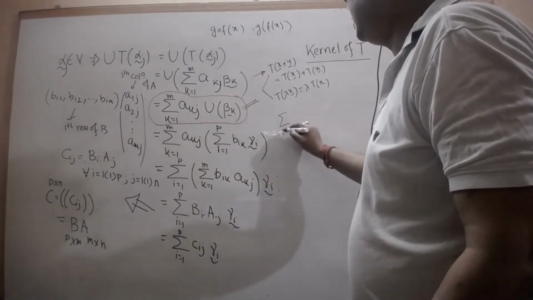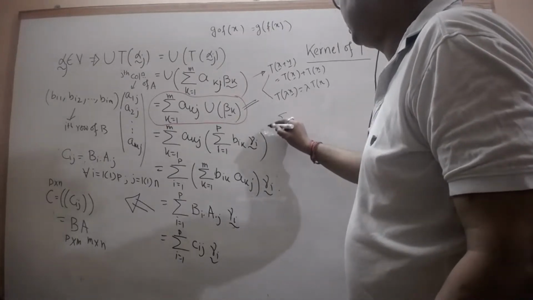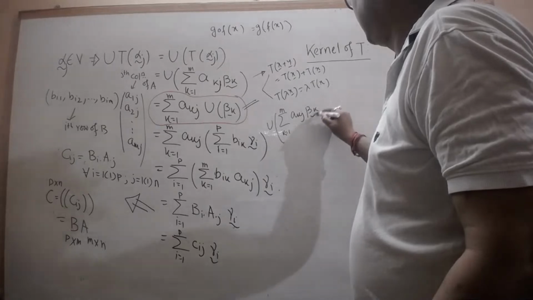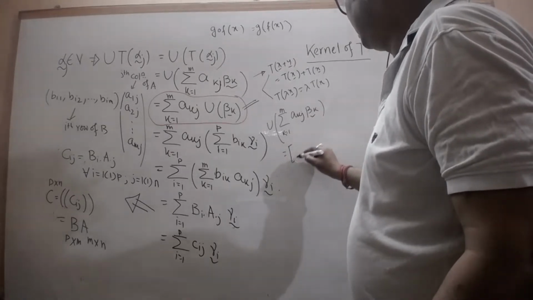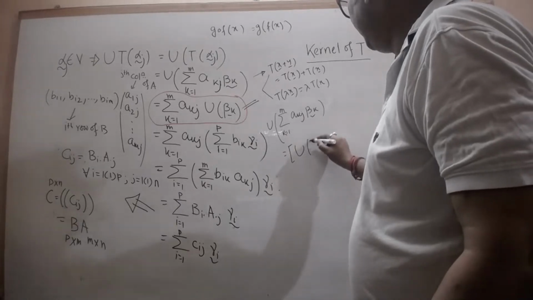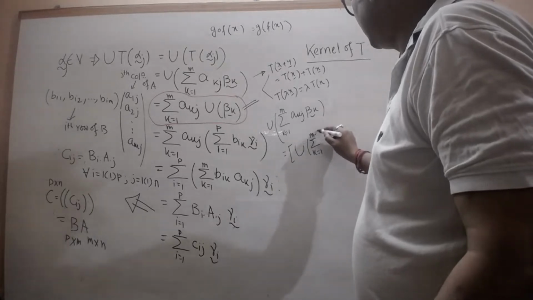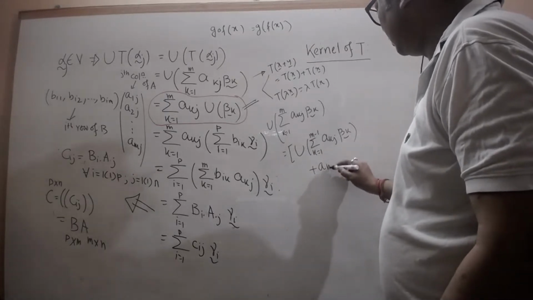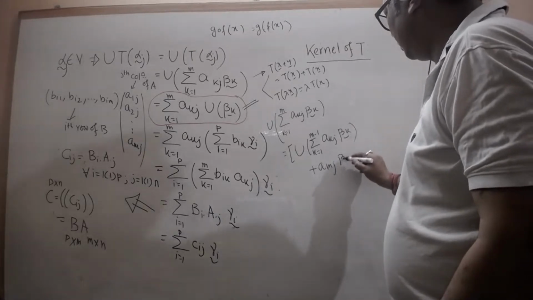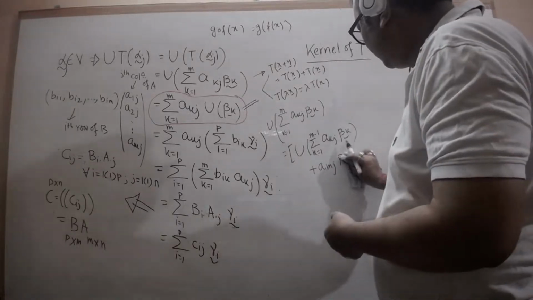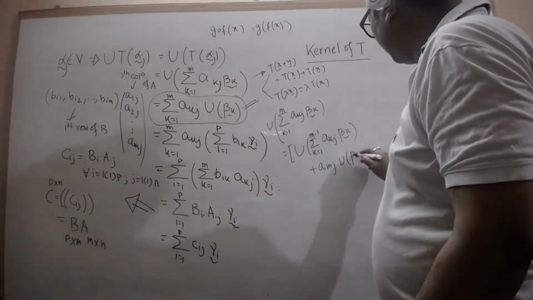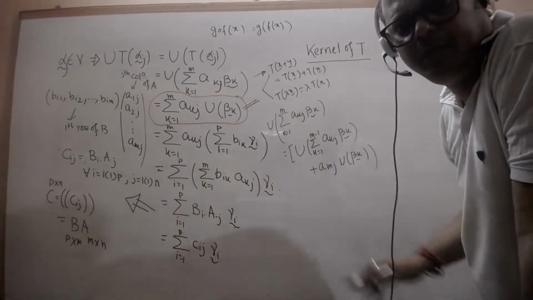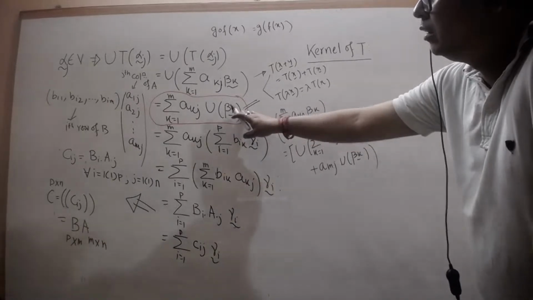For example, suppose, using this property, repeat this process, and then you get this thing.